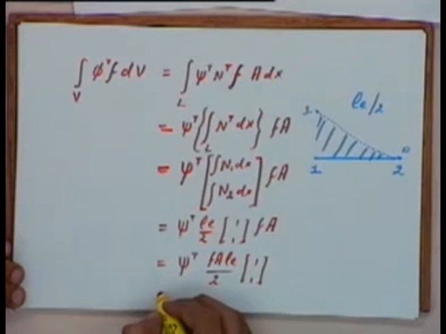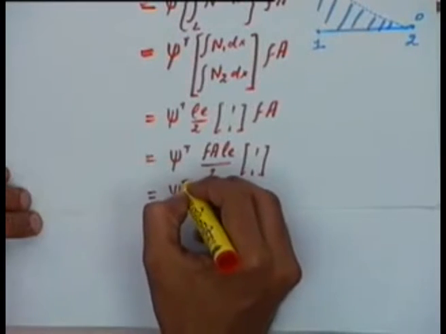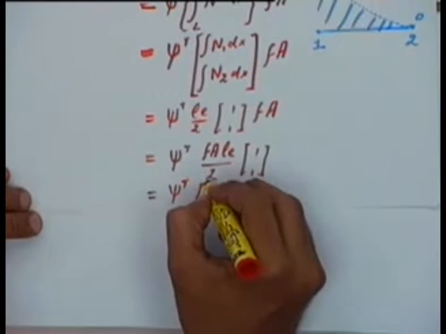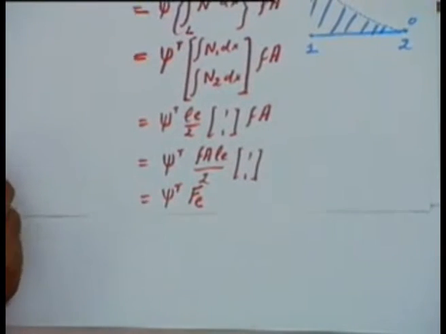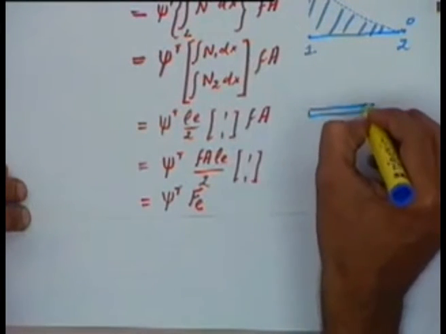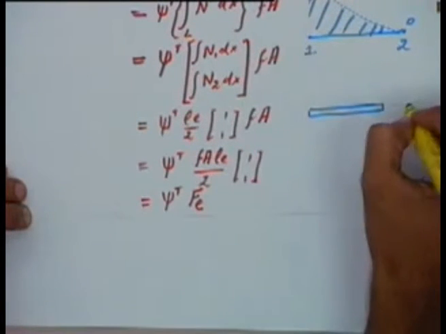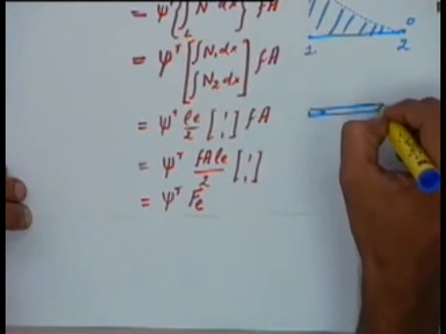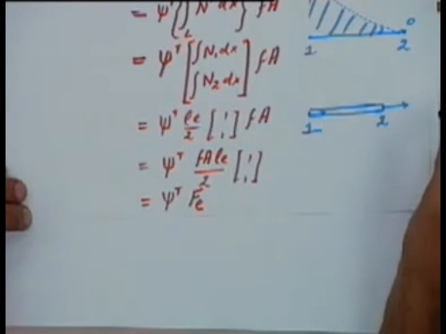Okay, and this we can write as psi transpose into, let us say, a body force vector Fe. Effectively it means that if we have an element like this, the total body force that is acting will split equally into two parts, one acting on the first node, the other acting on the second node.